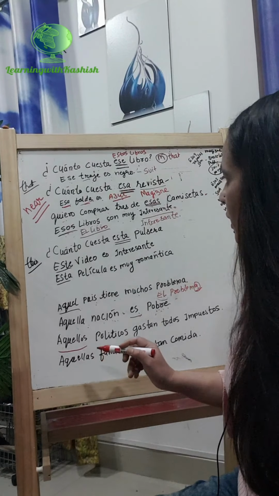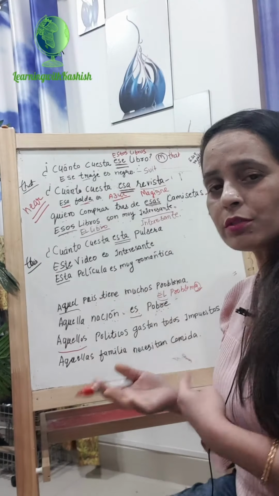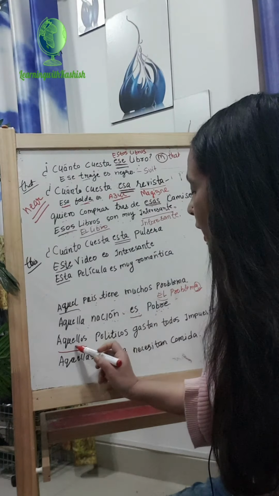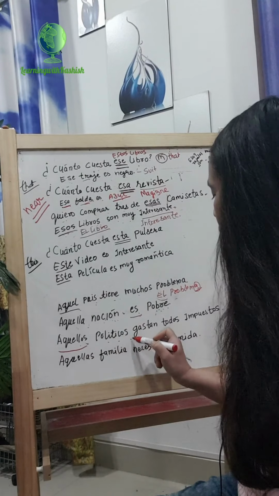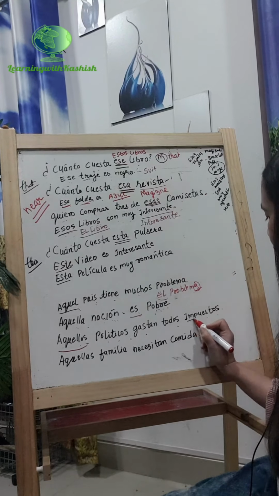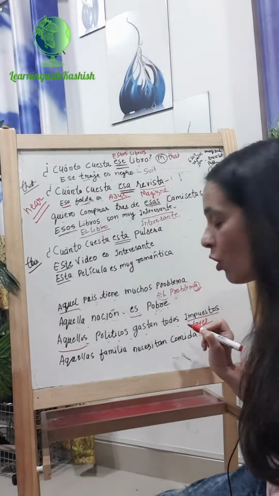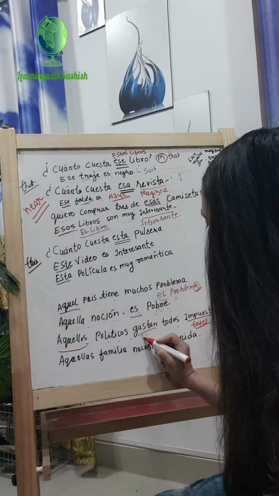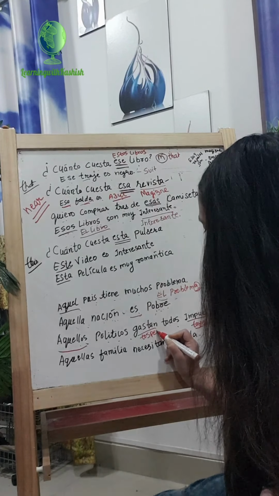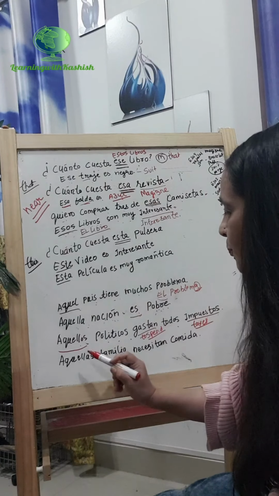Then those, which is those far away. Aquellos políticos gastan todos los impuestos. Impuestos is taxes, okay, what tax we pay to the government. Gastan is to spend, from the word gastar.